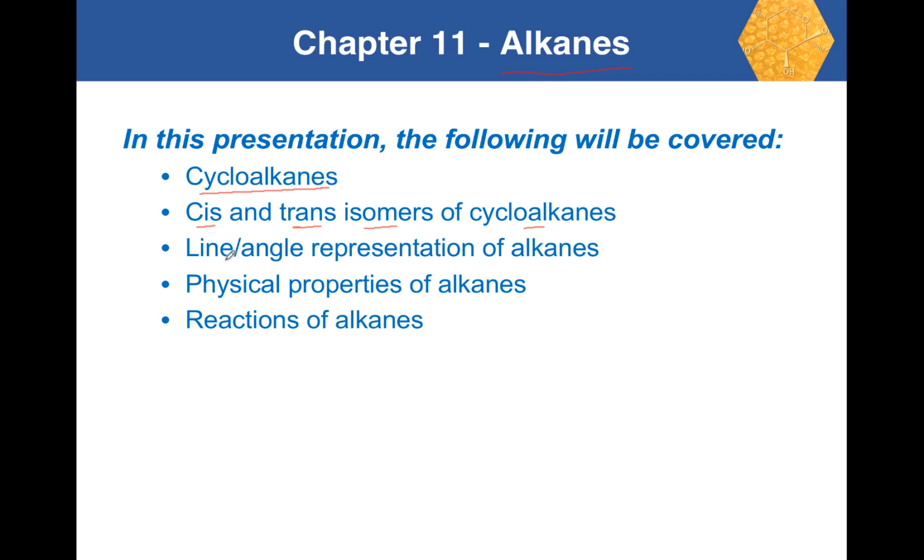Next, we will examine line angle representations of cycloalkanes. And we'll also look at the physical properties of cycloalkanes. And lastly, we'll look at two reactions that alkanes undergo, which are basically oxidation and halogenation.